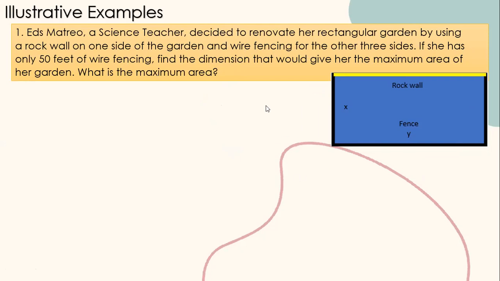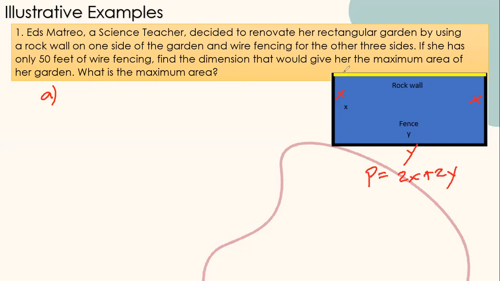Okay? So, paano natin mapapagkasya yon? So, our first step, so yung 50 feet, that is dalawang x tapos isang y. Okay? So, parang perimeter ng rectangle. Since, di ba, ang perimeter ng rectangle ay 2x plus 2y.